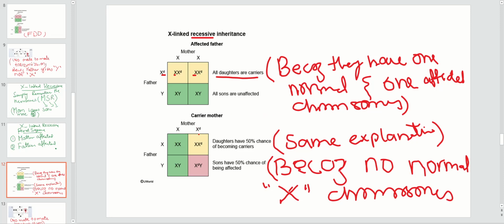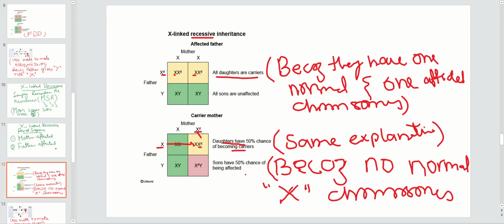Now what is happening in case the mother has the disease chromosome in X-linked recessive inheritance? So this is the Punnett square you will get, right? Over here, your daughters have a 50% chance of becoming carriers. Again, one is the disease chromosome coming from the mother, and this X chromosome is coming from the father. So the normal chromosome counteracts the effect of the disease chromosome, so the daughter will become a carrier, right?